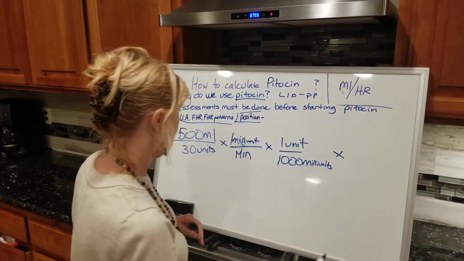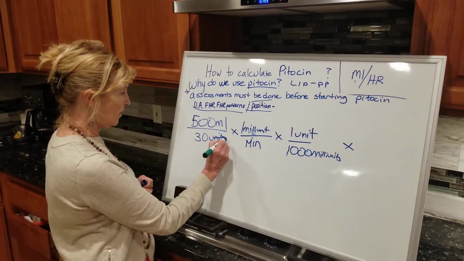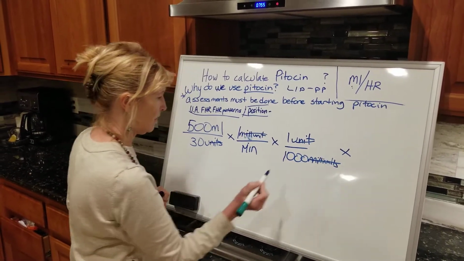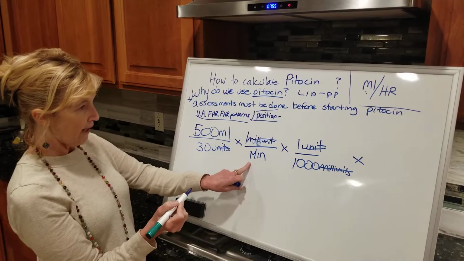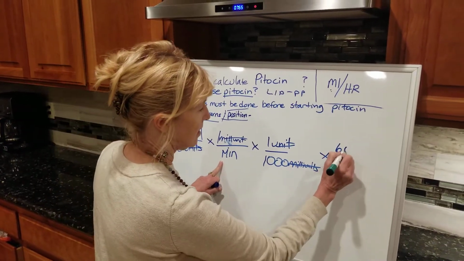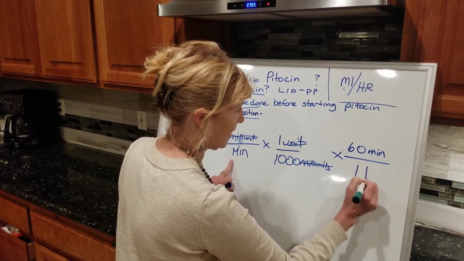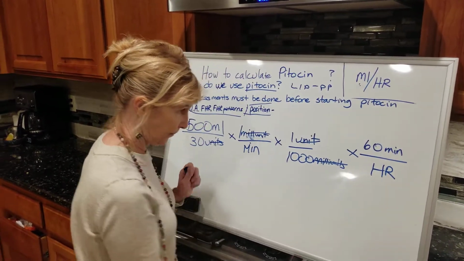And then, so I got rid of my units, got rid of my milliunits, but what I don't have is hours yet. So then I'm going to do 60 minutes in 1 hour.